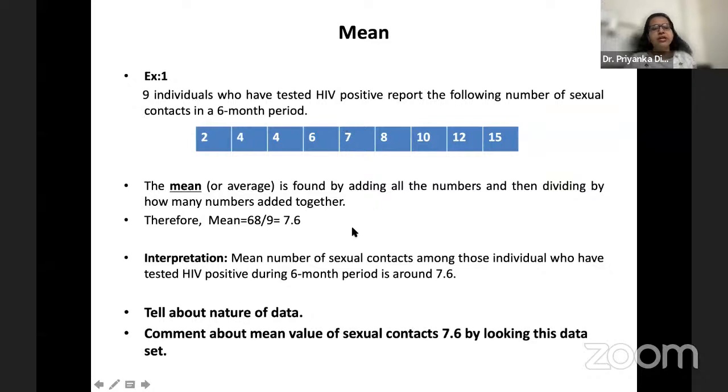Yes? Okay. So in the measure of central tendency, what all comes? We have learned since 10th class what all comes in the measure of central tendency.